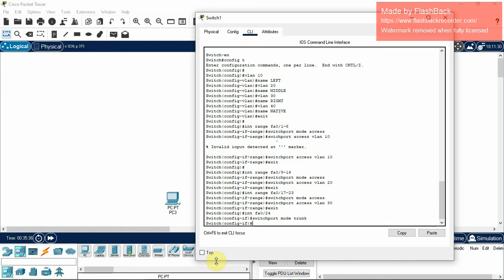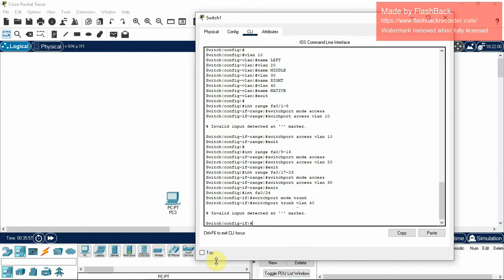So yeah, we're going to make it a trunk, and not forgetting also the native VLAN. So we're going to put it on our port, VLAN 40. Yeah, that was our trunk.